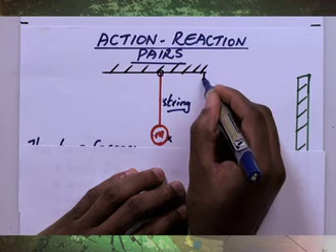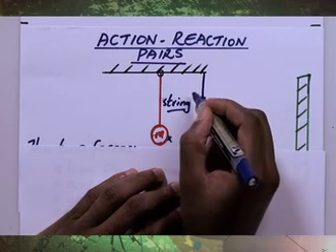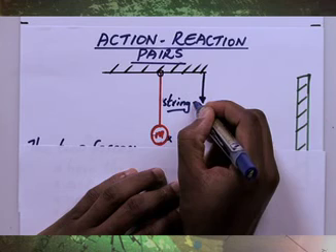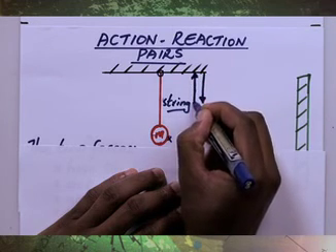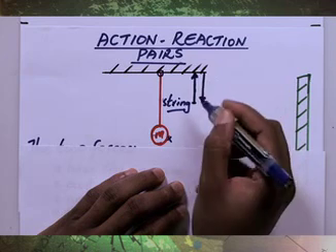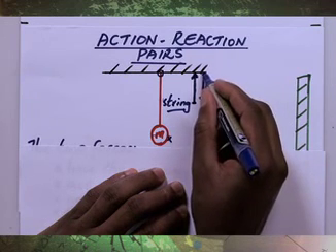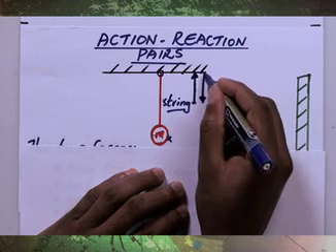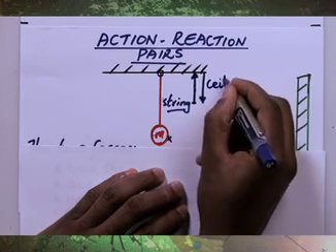We've got a force that is pulling down on the ceiling due to this object, and the ceiling is also pulling upwards. This one is acting on the ceiling, since the object is pulling down on the ceiling.